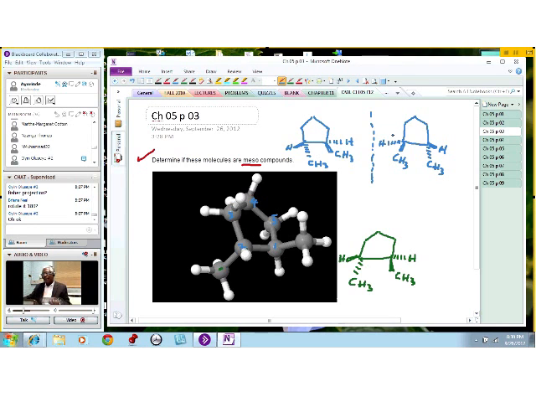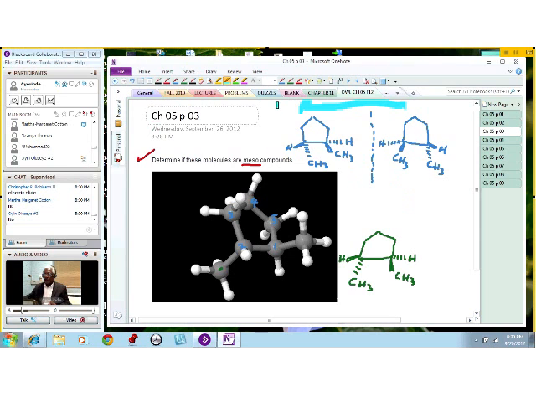Now what we want to do is to determine whether these 2 mirror images will superimpose. How do I do that? I could slide this here to here. If I slide it, do they superimpose on top of each other? No, they do not.